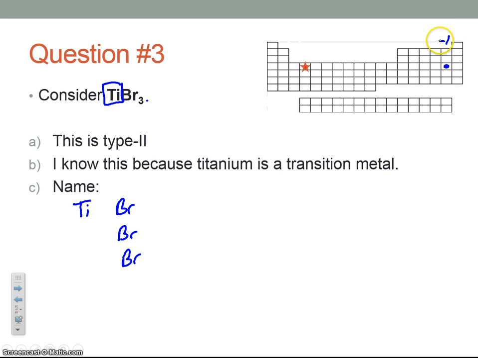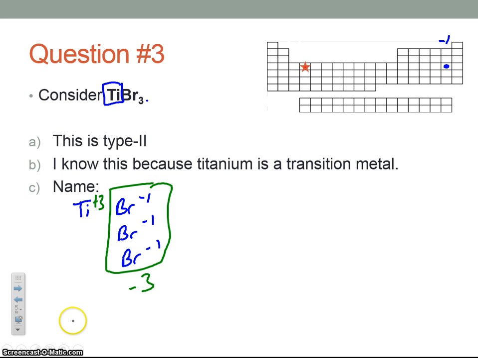So bromine has a charge of -1. If I've got 3 of these bromines, all of them together have a charge of -3. What does that mean titanium has to have? It has to have a charge of +3. That means my name has to be titanium, what? Titanium 3 bromide.